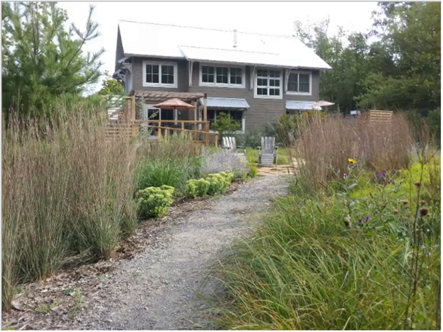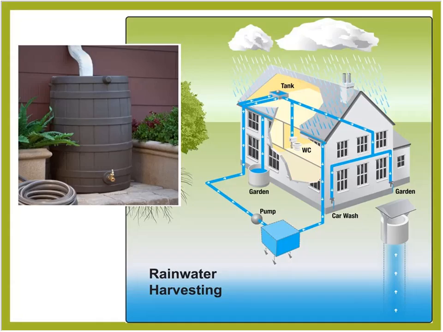So here's an example of a home that's using both native and adaptive species, which has other benefits of protecting water runoff into the Great Lakes, which is where this house is located, and also has some other benefits of attracting local wildlife, and then really never needs to be watered. If you do a plan like this, you might want to have some kind of watering plan to get the plants established, but then once they're established, they never need any kind of watering system.